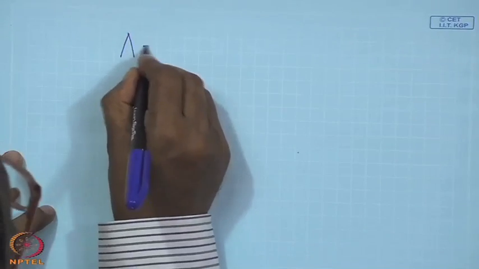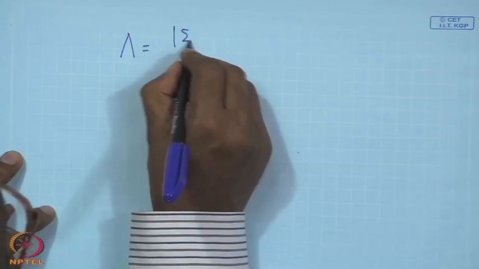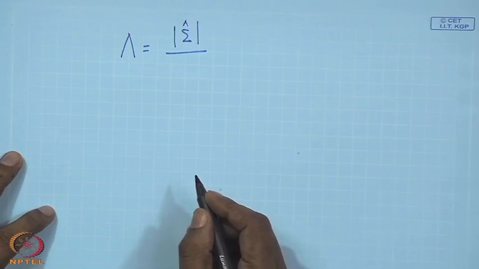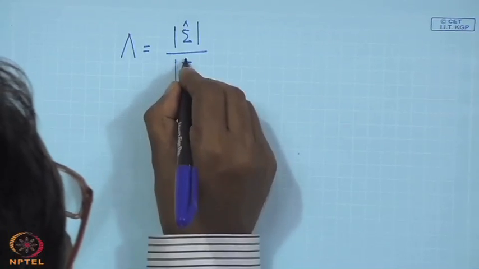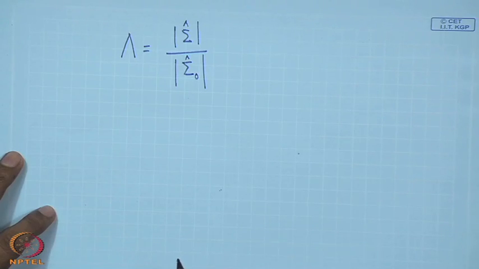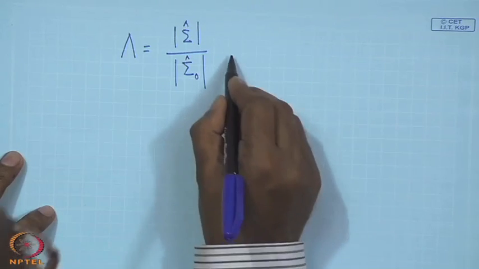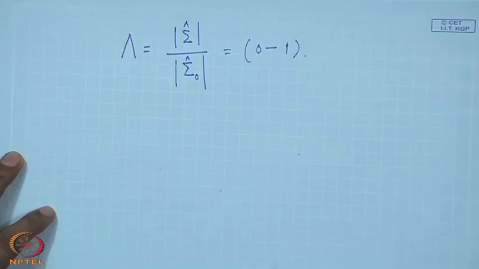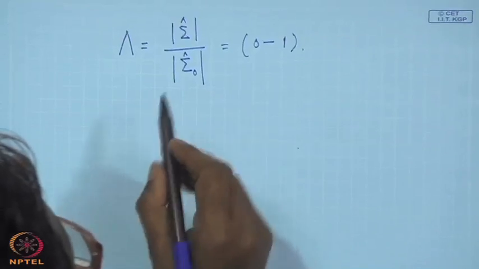So, now if we create a ratio which is the determinant of the full model SSCPE vis-a-vis your reduced model SSCPE, getting me? So, this ratio will stay in between 0 to 1. Okay. So, when will it become 0?